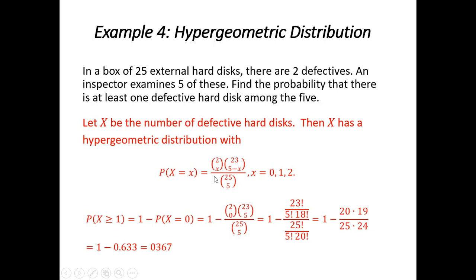So this is the number of ways to choose the defectives. And then 23 choose 5 minus x. So this is the number of ways to choose the non-defectives. Divided by 25 choose 5. That's the number of ways to choose our subsets of size 5.